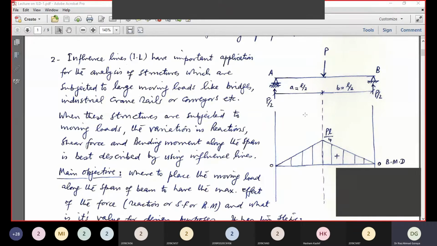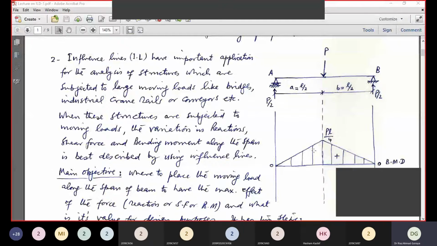From this diagram, we can see that the bending moment will be 0 at the support, then it increases linearly to the maximum at the midpoint, and the maximum value at the midpoint is PL by 4. That is the purpose of drawing the bending moment diagram.